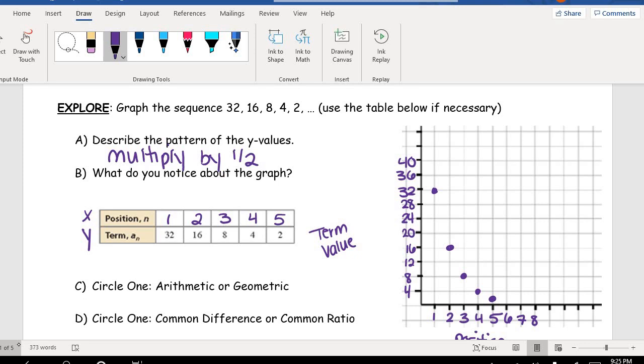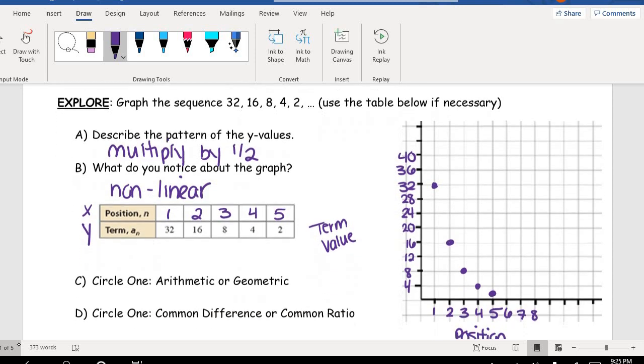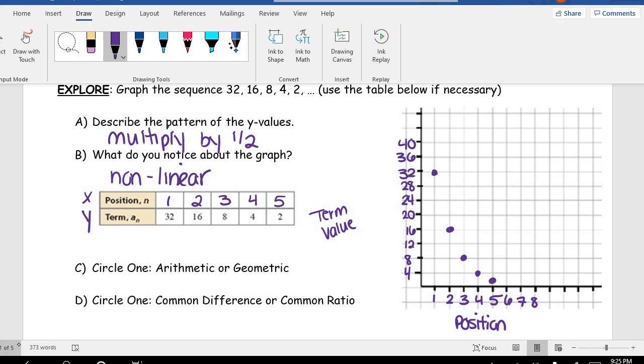So I'm hoping you're taking a look at this and you notice that this graph is nonlinear. If you remember from yesterday, we said the arithmetic sequences modeled a linear model, but a geometric sequence models a nonlinear. It actually looks like exponential decay, and it's very similar.